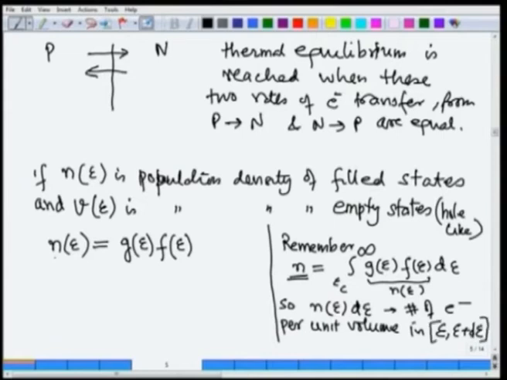So, that is what this quantity n really represents. So, that is what this population density is.